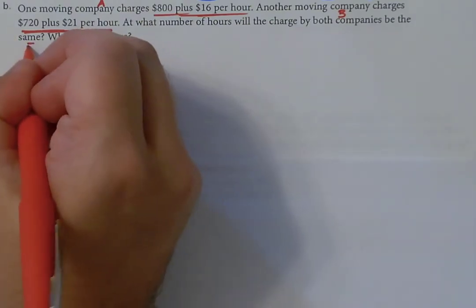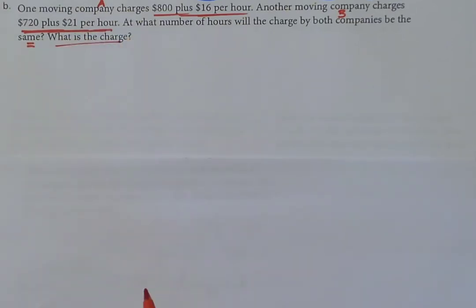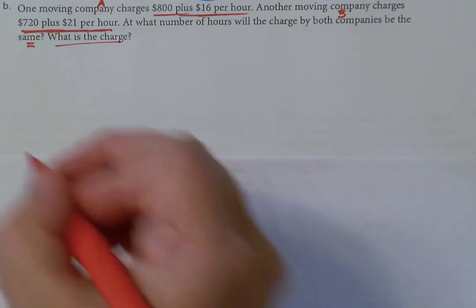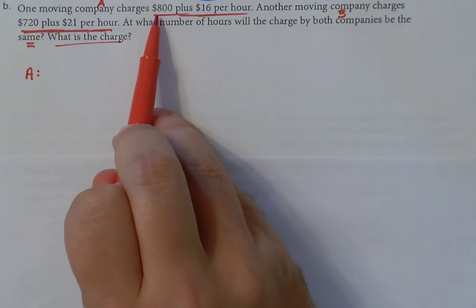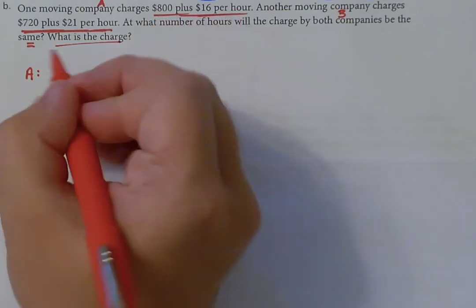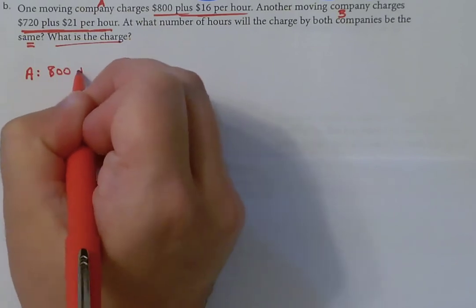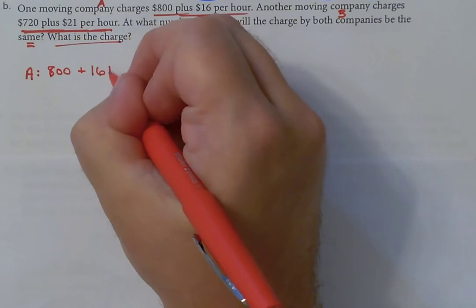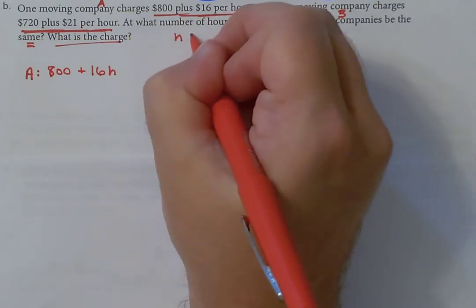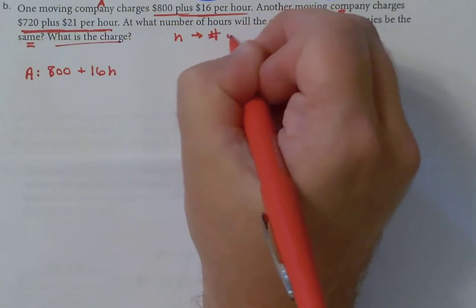So again, we're going to set these equal, and then find what the charge is. For company A, we have 800 plus 16 per hour. I'm going to represent hours in this case with an H, so H is going to be the number of hours.